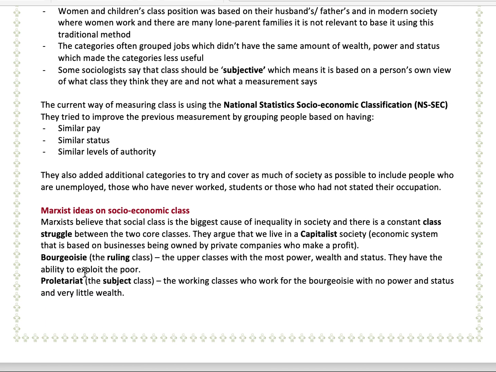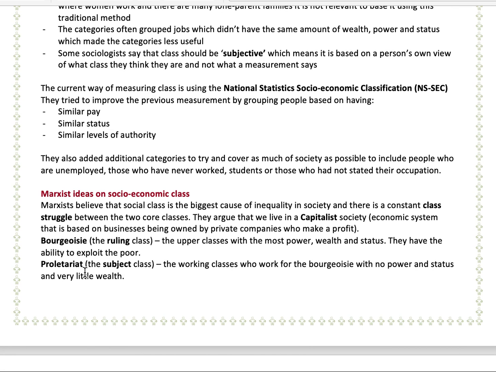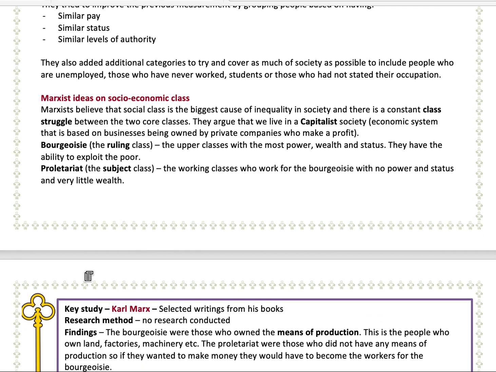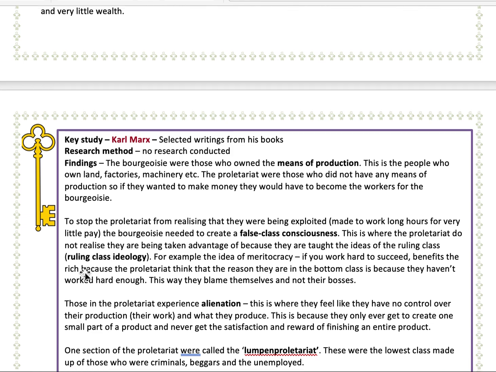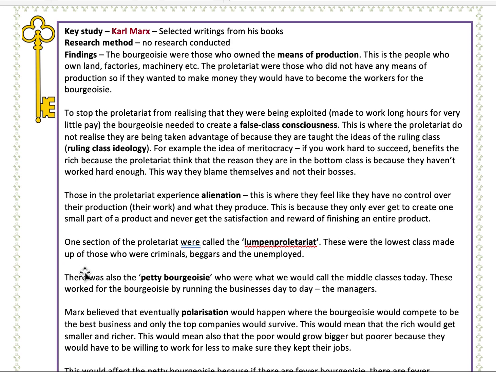Then you need to know the different theoretical perspectives on socioeconomic class. So Karl Marx, absolute legend. So he talked about 2 groups in society, the bourgeoisie and the proletariat. The bourgeoisie are the ruling class, and their position is determined by the fact they own the means of production, and that's an important keyword.